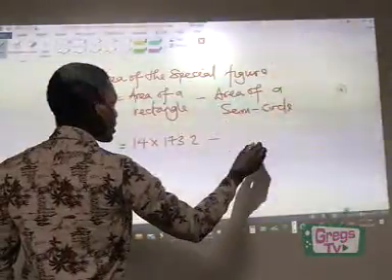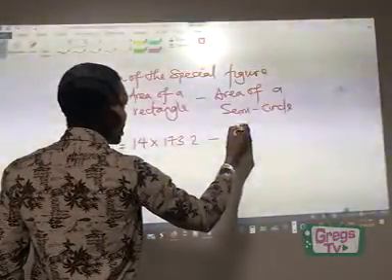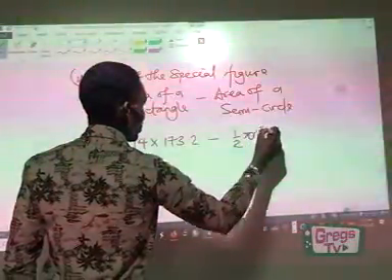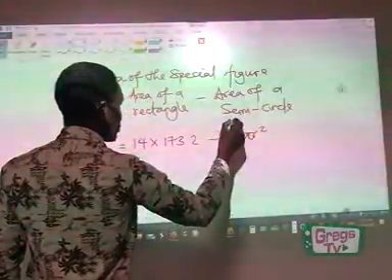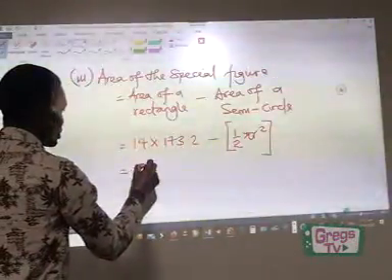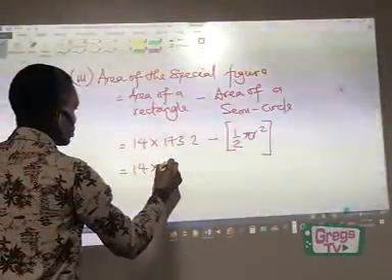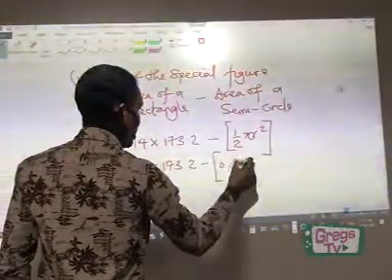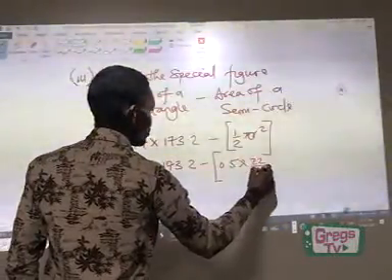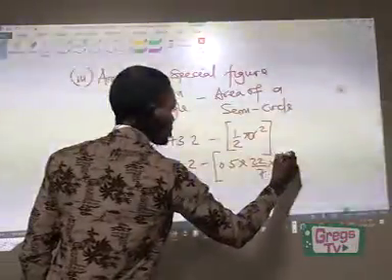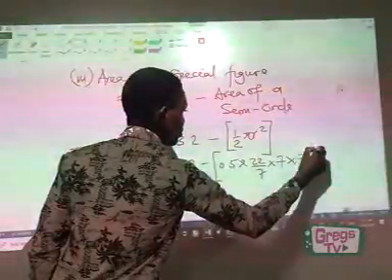Then the area of a semicircle will be what? Pi r squared, and in that case it's going to be half pi r squared. And of course, let me put this in a bracket. Then this is going to be 14 times 173.2 minus 0.5 times 22 over 7 times the radius. Remember, the radius was 7 times 7.